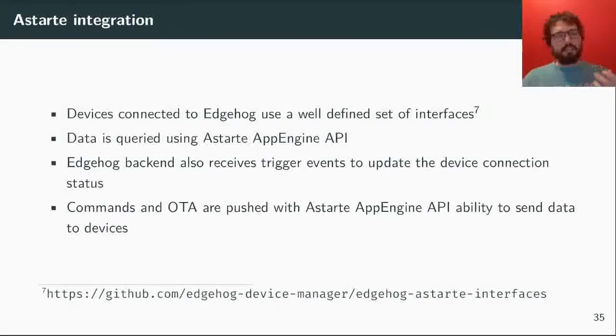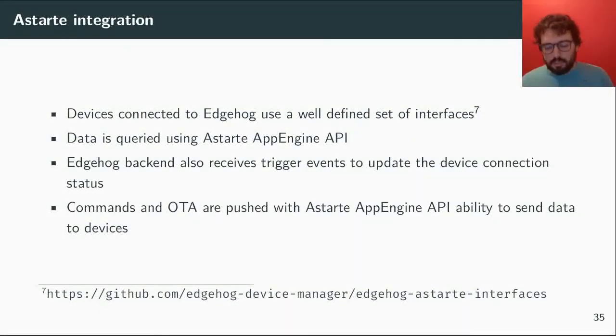So how does the Astarte integration of Edgehog actually work? All the devices which are connected and want to use Edgehog, and are actually using the Edgehog SDK, use a well-defined set of interfaces, which you can find in the repository.